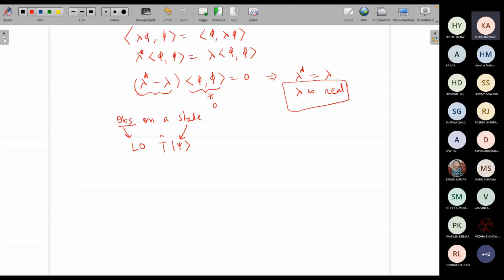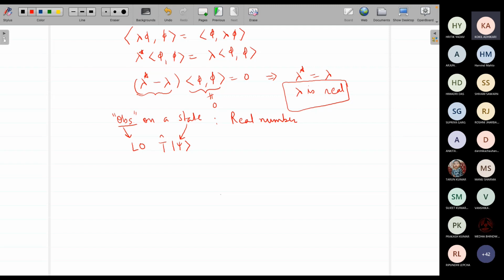Now, if it is an observable, that means I am going to observe something out of it, and those observations are generally in terms of numbers. If it is a physical observable, the corresponding result should be a real number and not a complex number which we cannot see. So if you are going to measure spin, you are going to see a value. What is the value of this spin angular momentum?